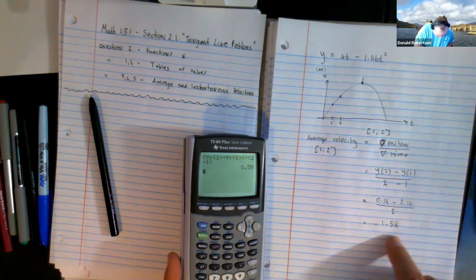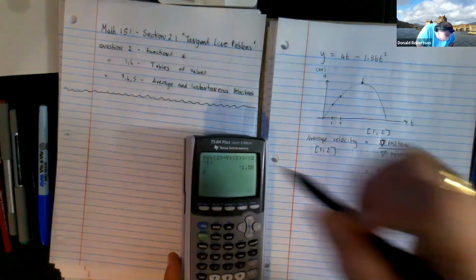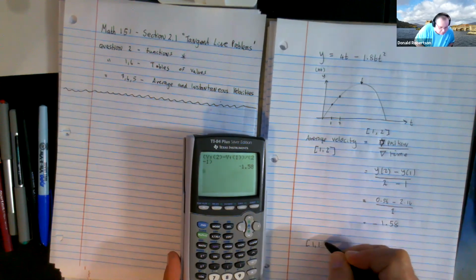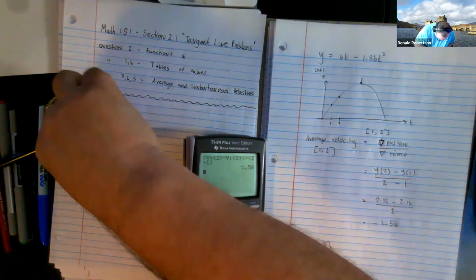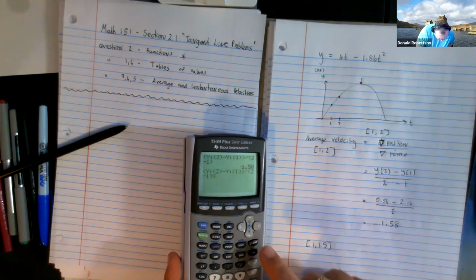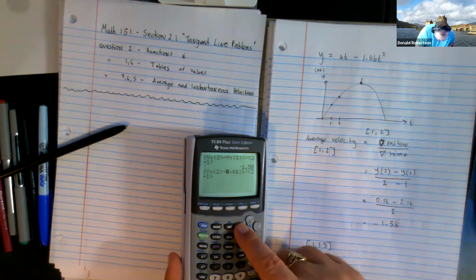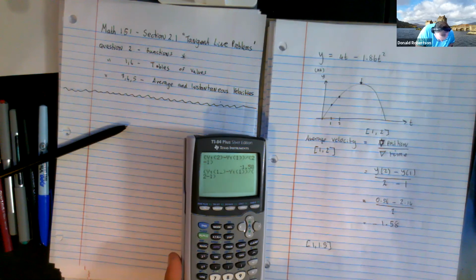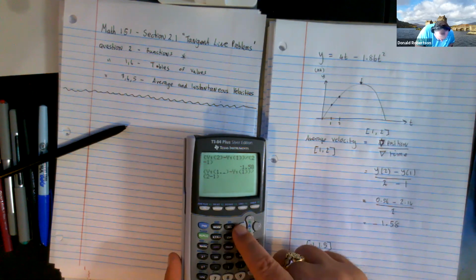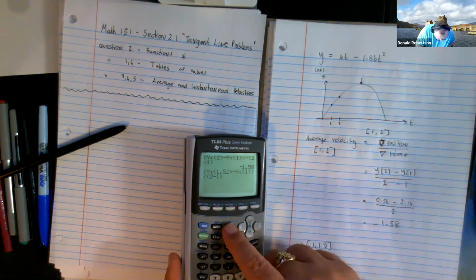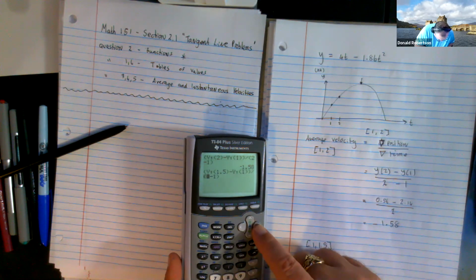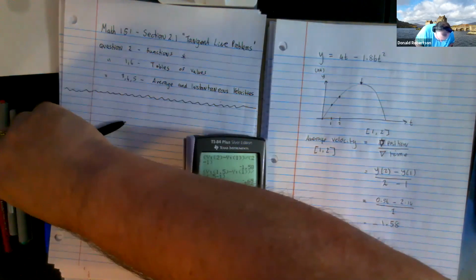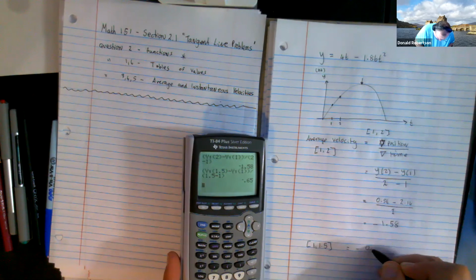Now that I've set that up, can't I do the average velocity from 1, say, to 1.5? Okay, so I'll go second entry, and I'll insert 1.5, take away 1, and I'll get the answer negative 0.65.